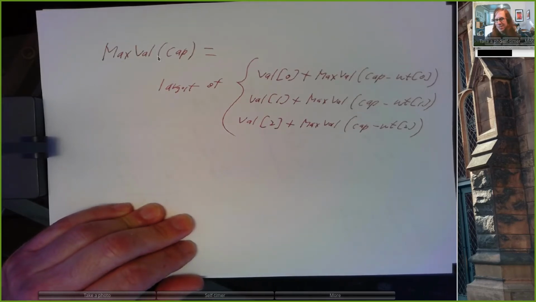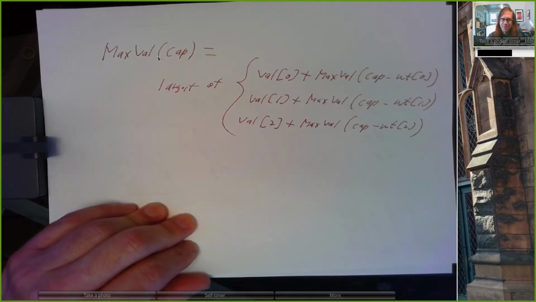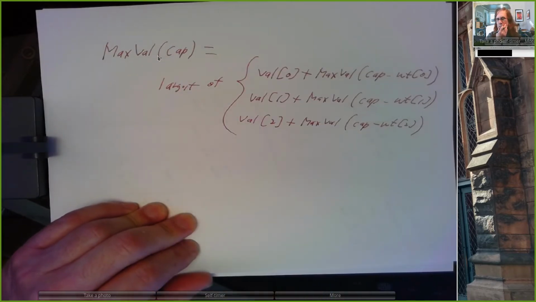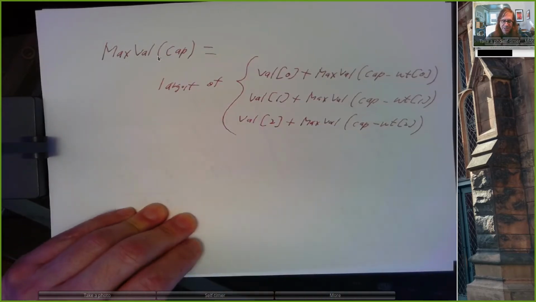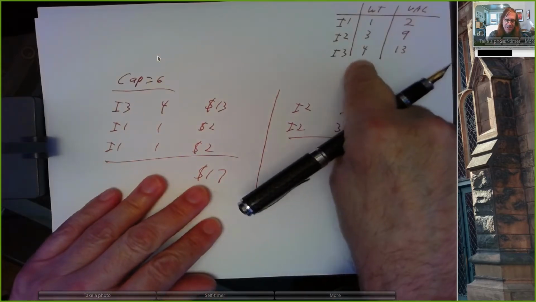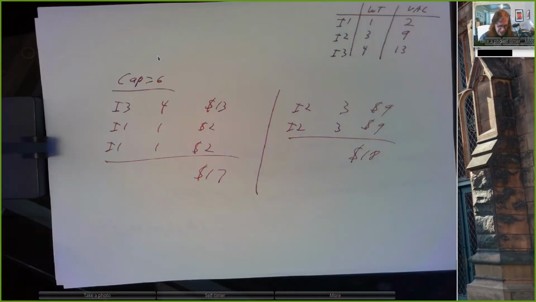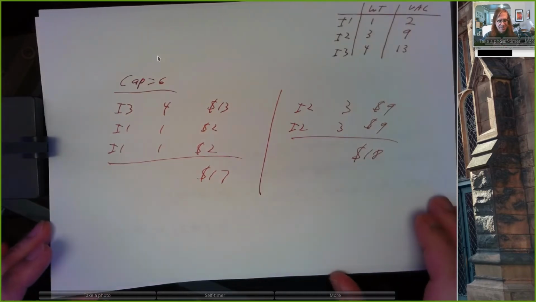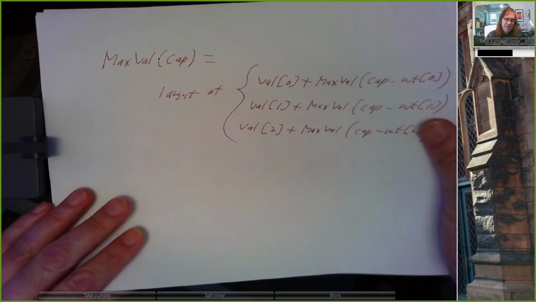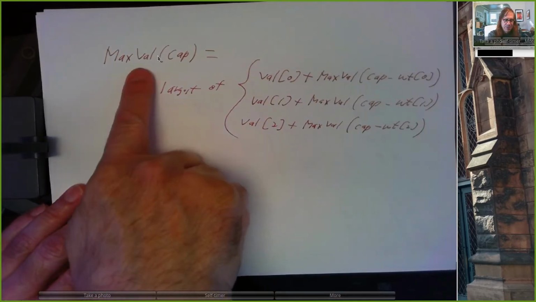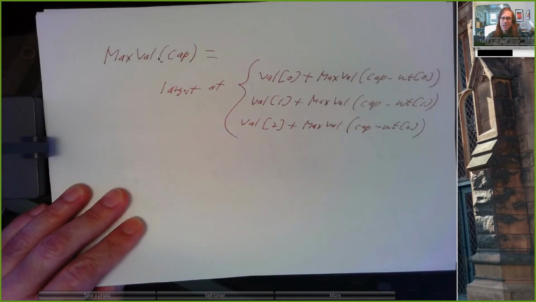Okay, that's the high-level view of the max val function, which is what you need for knapsack. So I want to go through this in a particular example using this inventory table. And I also want to keep track of the inventory that gives us the maximum value. Because remember, the final 15 points on PA5 is, in addition to knowing what the maximum value is, knowing how you get that.